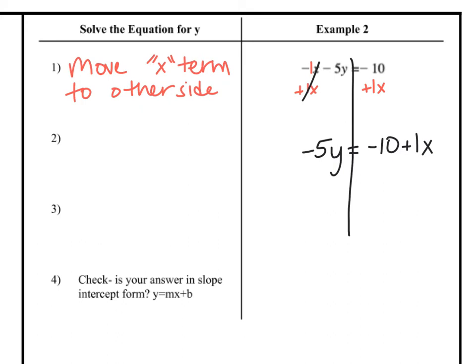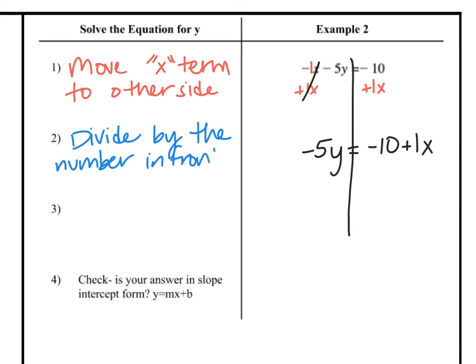Step 2, again, divide by the number in front of y. You are trying to get y by itself, and right now that negative 5 is a problem.